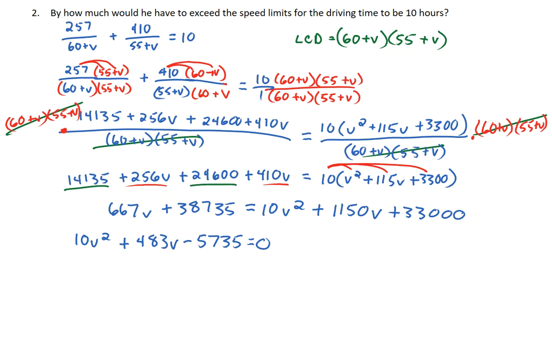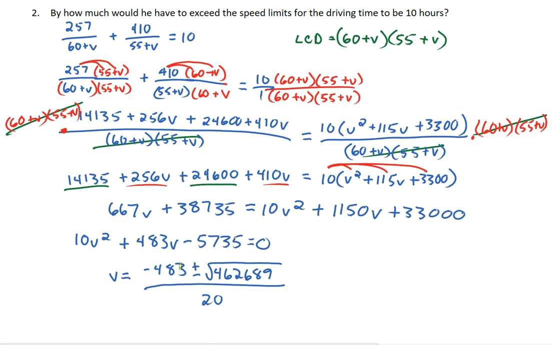So resorting to the quadratic formula, I'm not going to grind through all the steps, but when you do it, you can get down to negative 483 plus or minus the square root of 462,689, all of that divided by 20.